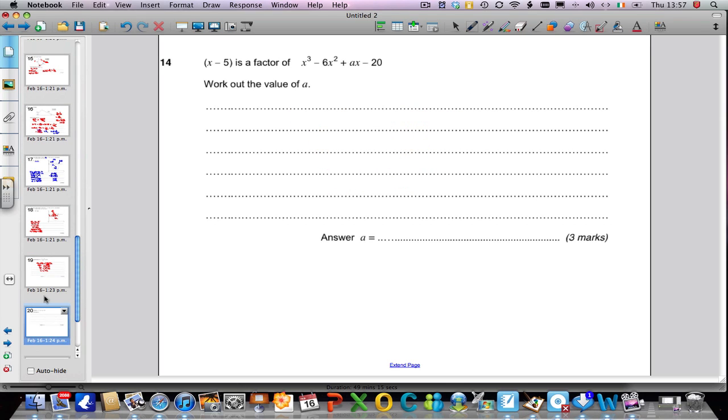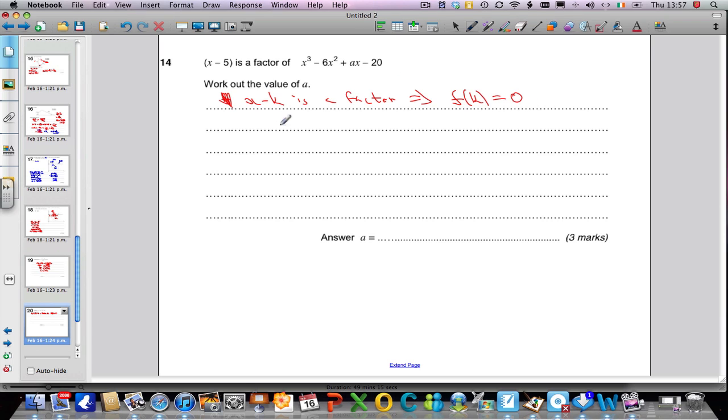Right, question 14. x - 5 is a factor and we're asked to work out a. So this is a factor theorem question. Now what do I know about the factor theorem? I know that if x - k is a factor, that means f of k should be equal to 0.